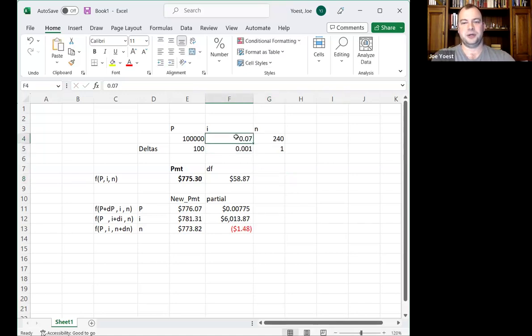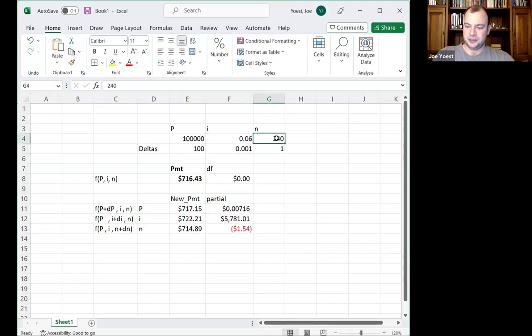If our interest rate increased to 7%, our actual payment would increase by $58.87 per month, and we estimated about $57.70. So we're off by about $1 on a scale of about $60, a little more than 1% error, because we're getting further and further away from that point of tangency.